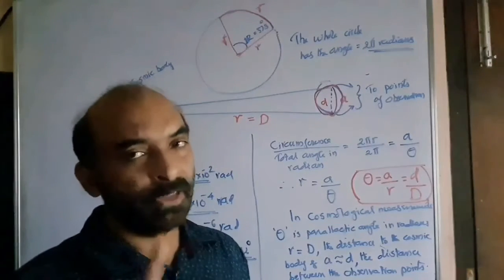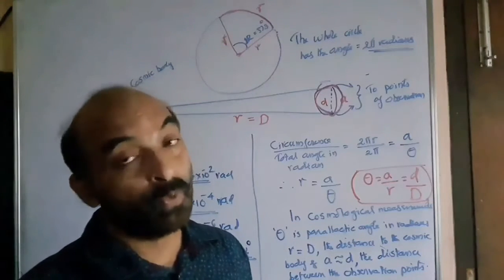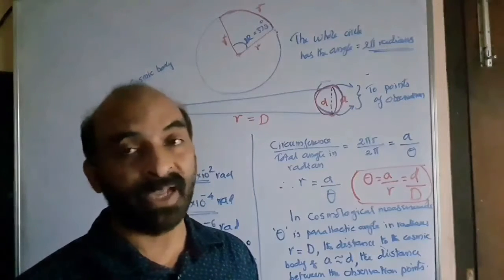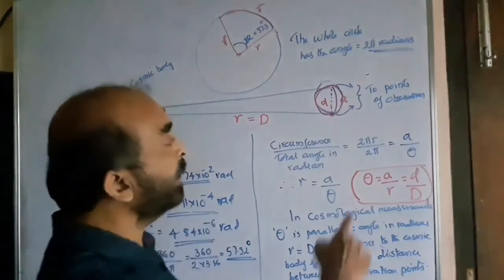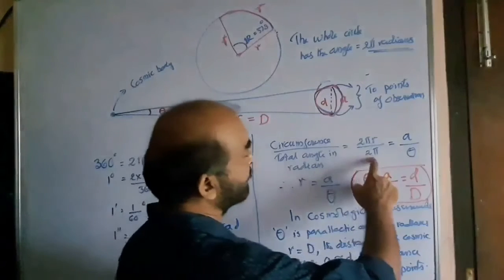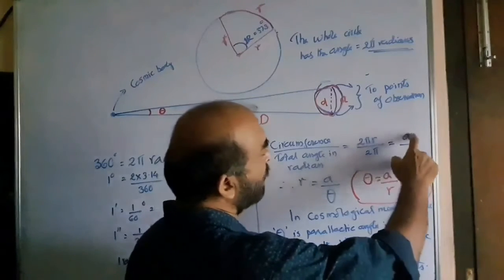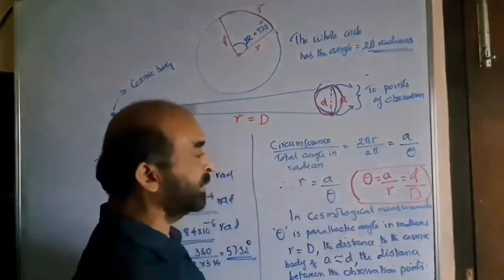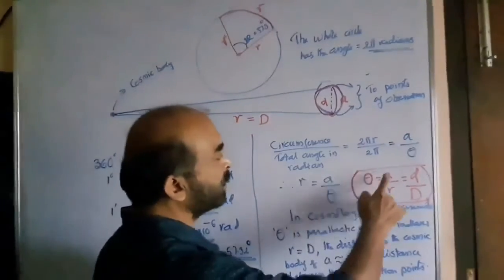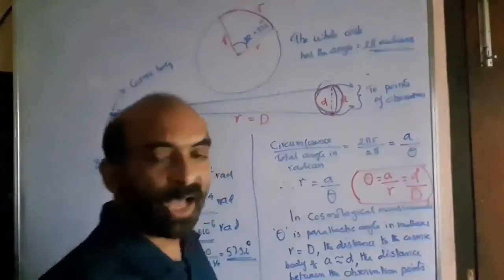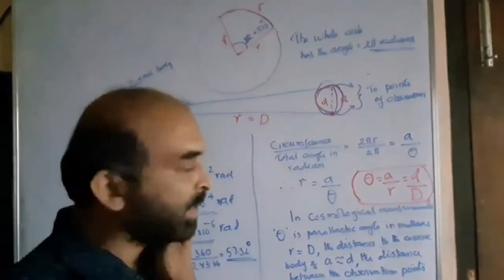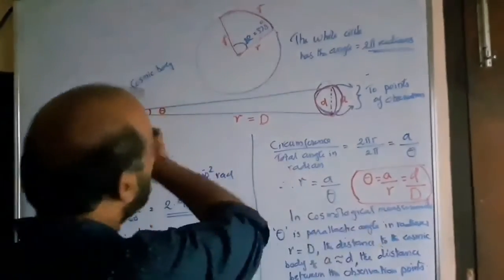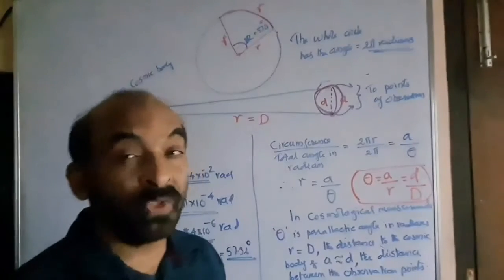Hope you understood that. We are referring to a huge cosmic circle. Here 2 pi and 2 pi cancel. What remains? R is equal to A by theta, or theta is equal to A by R. A is the arc length and R is the radius of that huge circle.